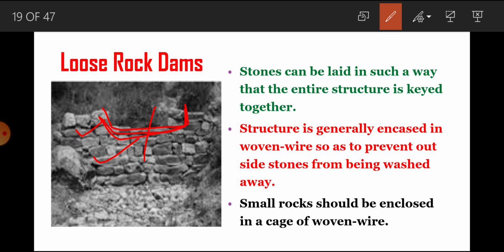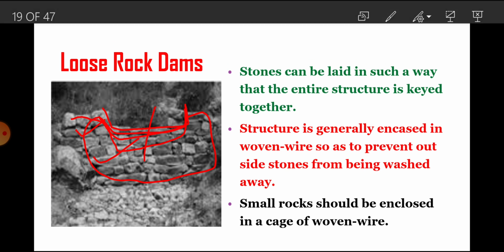So to avoid such things, all the structures could be encased in wire, so it makes a rigid structure and stability is maintained. Such structures are sometimes called gabion structures.